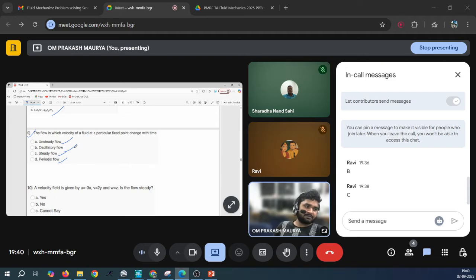Which option would be correct for question number 9? Today I have a lot of questions, so we'll solve a lot of questions regarding fluid kinematics.